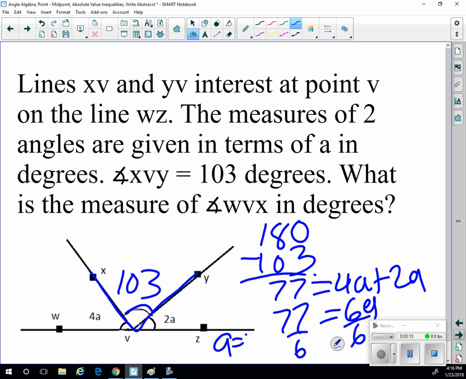So A equals 12.8, but we want, let's see, it's asking us for WVX. So let's change colors. WVX. So we want this one right here. Well, that's 4A. So with that 12.8333 still in my calculator, I will say times 4. That tells me that this angle here has to be 51.3.